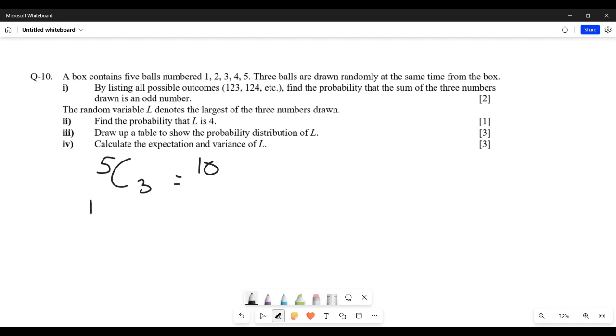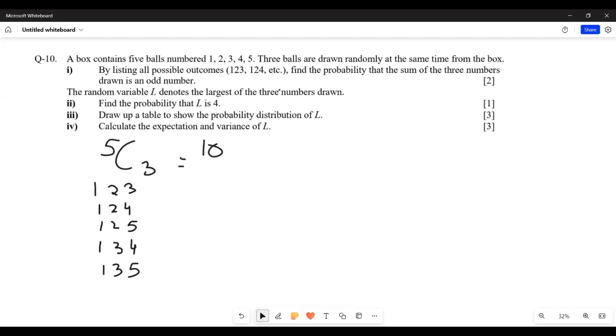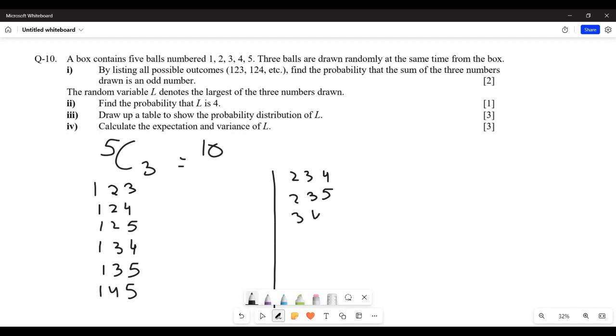So they've already given us 1, 2, 3, 1, 2, 4, 1, 2, 5, then 1, 2, तो हो गया. Let's start with 1, 3: 1, 3, 4, 1, 3, 5. Now let's use 1, 4, 5. Then let's write the others here. उसके बाद we can use 2, 3, 4, 2, 3, 5. Then we can use 3, 4, 5.